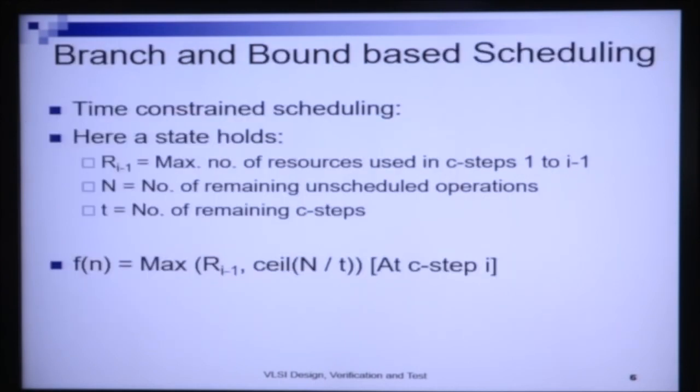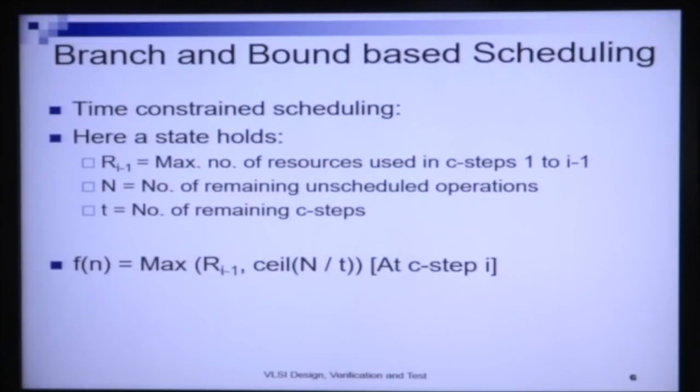So with this understanding of the ILP solution, we now briefly see how the branch and bound solution differs for the time constraint scheduling problem with respect to the resource constraint scheduling problem. Now, in the time constraint scheduling problem, at any given state of the state space, what do we store? We store the maximum number of resources that I have consumed in steps 1 through i minus 1.